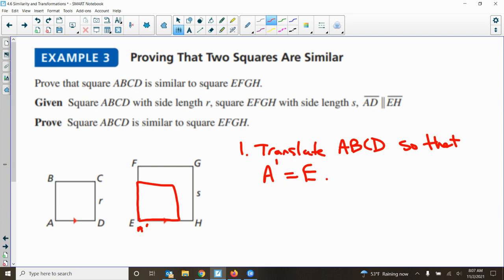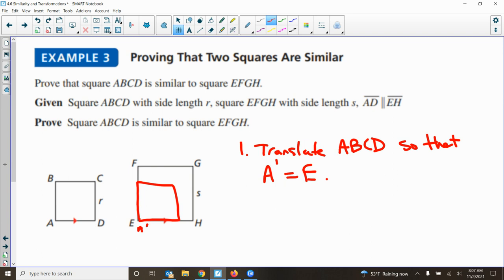Now, let me ask you this. What would have to come next to make the red square exactly the same size as the big square? It'd have to be a dilation. Here's the hard part: I want you to be as specific as possible.